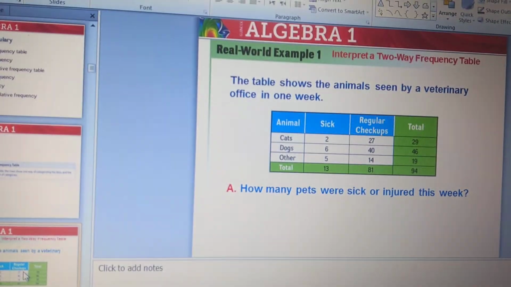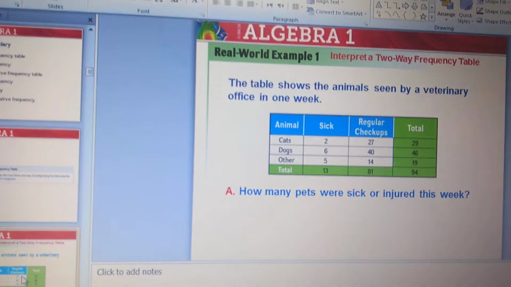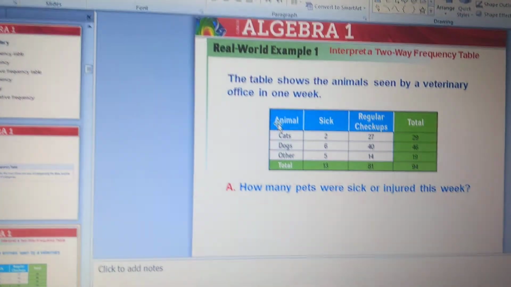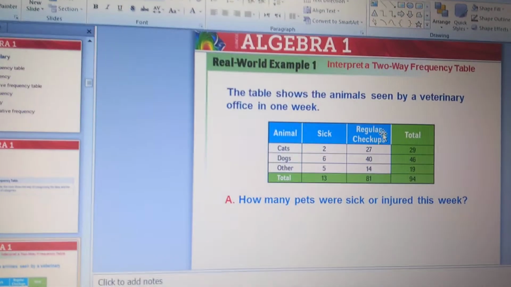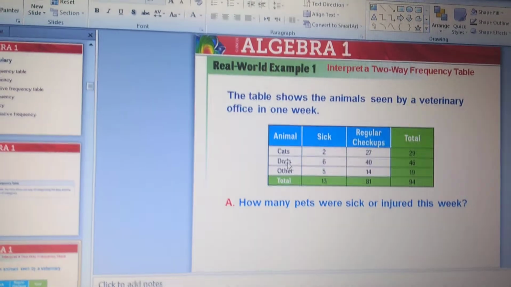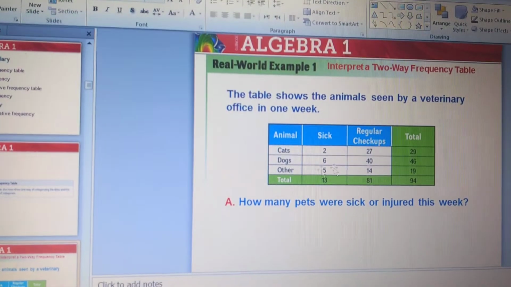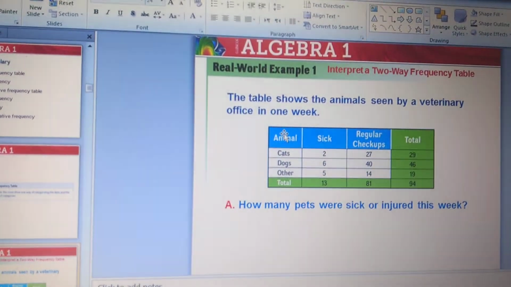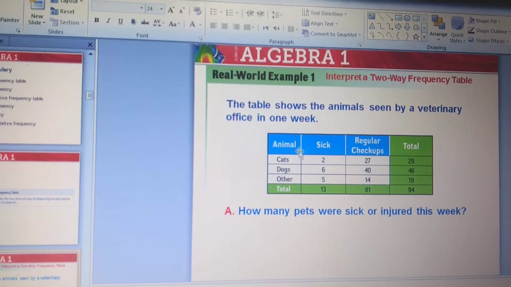the table shows the animals seen by a veterinary office in 1 week. Look here, this is the animal's condition, sick or regular checkup, and this is the kind of animal: cats, dogs, others. The rows, like here, and the columns, like here, give me two categories.